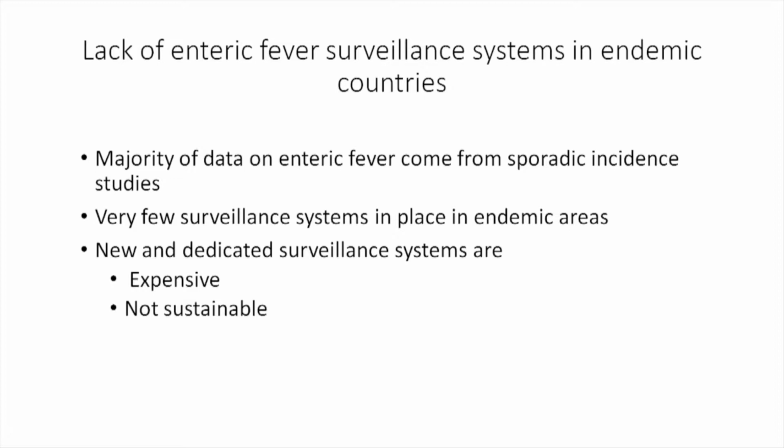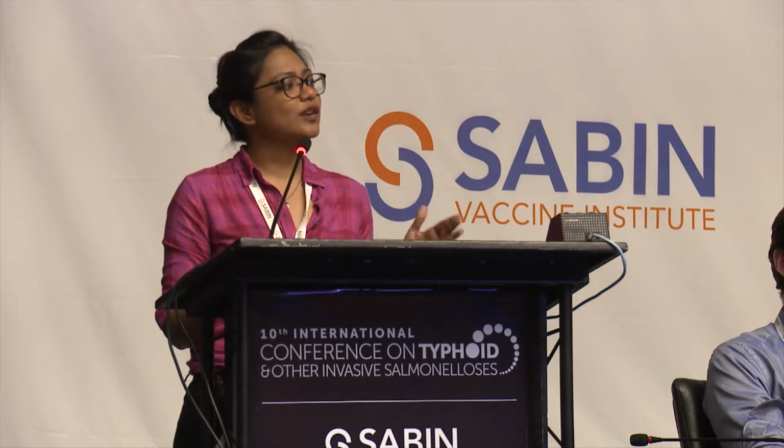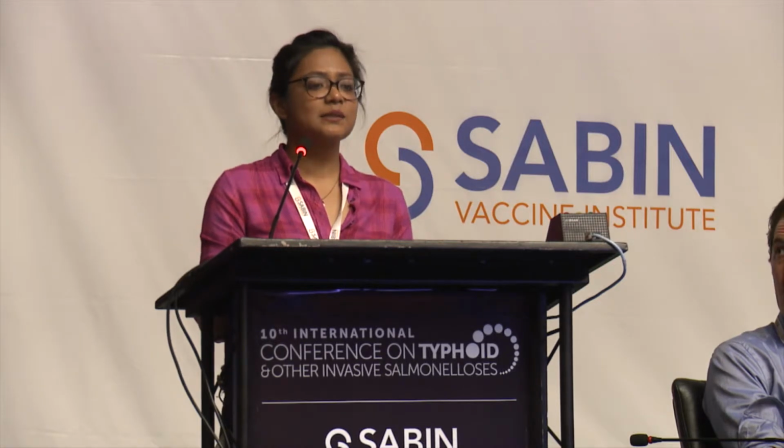One of the reasons probably is that, unlike those diseases, enteric fever usually causes infections in low-income countries, in communities and populations that have several competing priorities. And establishing a comprehensive surveillance system in those communities can be very expensive, and sustaining such systems is almost impossible without extensive donor support.